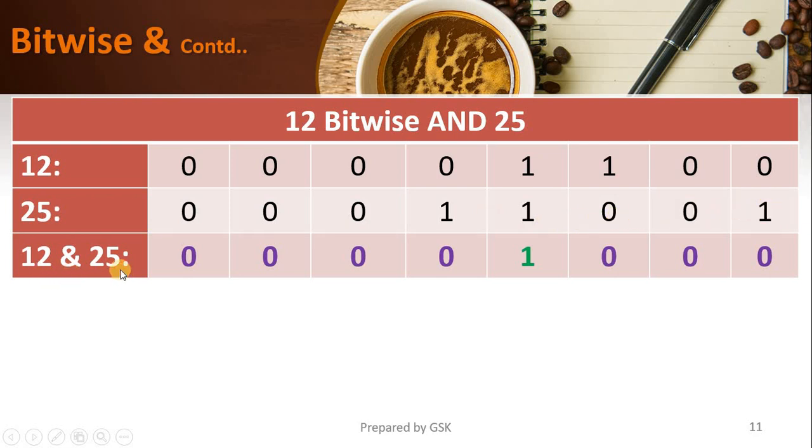Coming to 12 and 25, apply the formula of the bitwise AND. When two input values are 1, the output becomes 1. In all remaining cases, you may have 0 and 1, or 1 and 0, or 0 and 0 also. In all those cases, you will get 0 as the output.